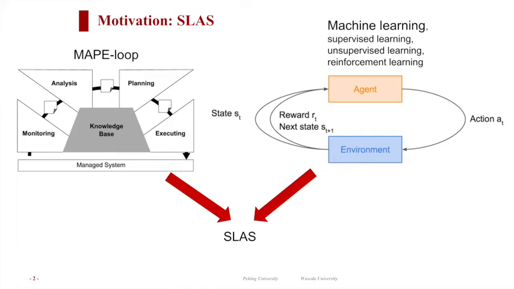A self-learning adaptive system, SLAS, a kind of self-adaptive system, uses machine learning to enable and enhance adaptability, and SLAS is expected to learn from its interaction with the environment to generate and evolve its adaptation policy with the environment dynamics.